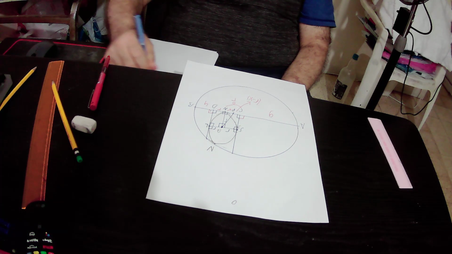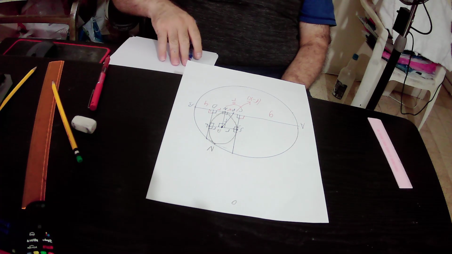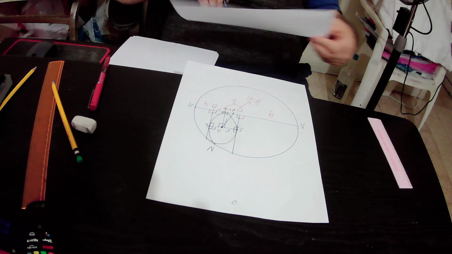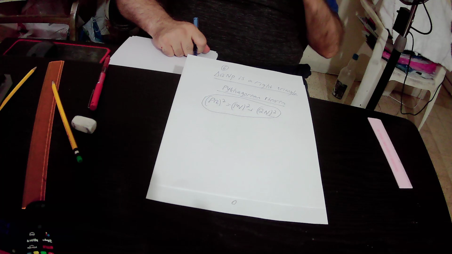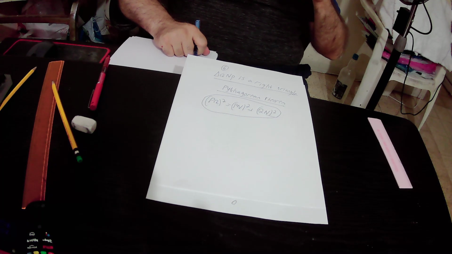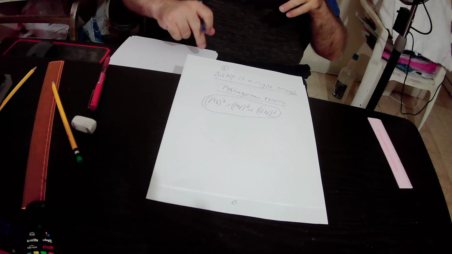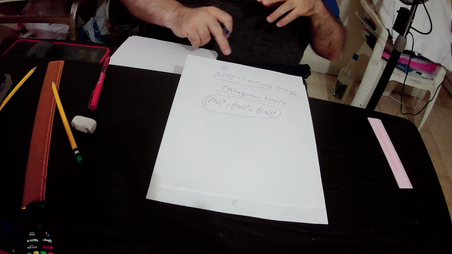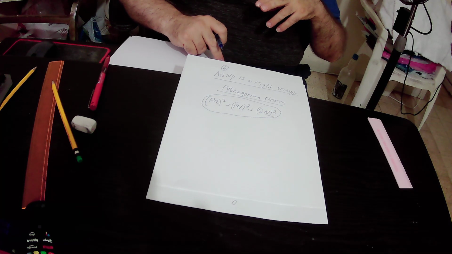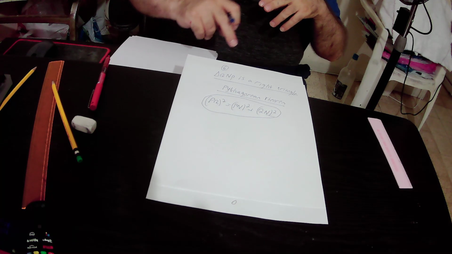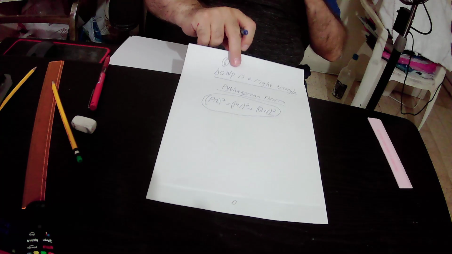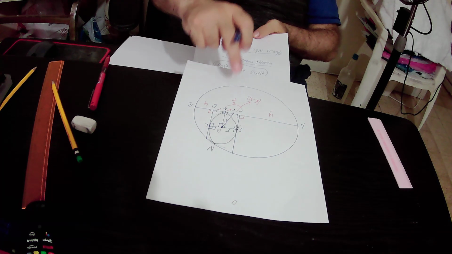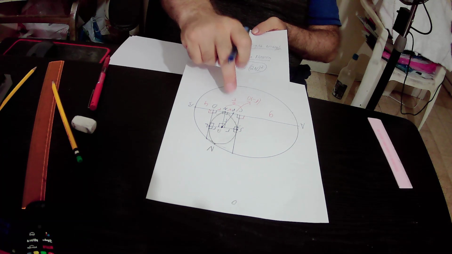So, according to the Pythagorean theorem, in the right triangle P and Q, PQ square equals PN square plus QN square. But we have already found out that PQ equals 6.5 units, and that PN, which equals X, equals 2.5 units.